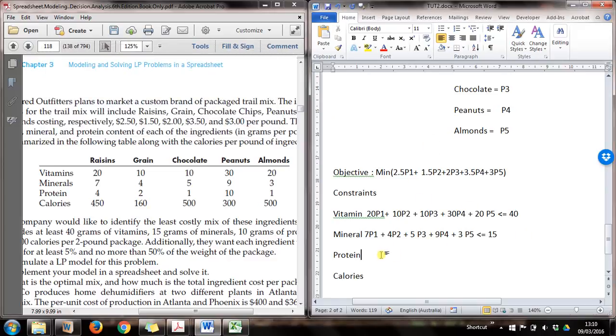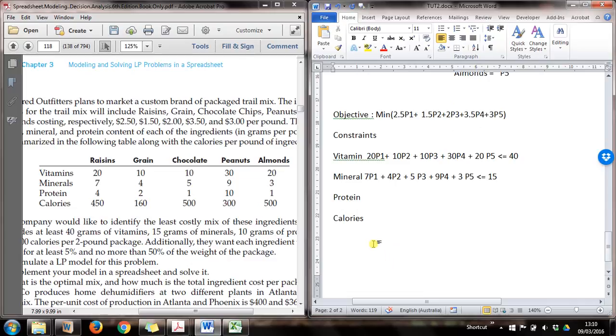So similarly you can fill in protein and calories. Apart from these four constraints, there is one more constraint: each of P1, P2, P3, P4, P5 needs to be no more than 50% of the weight of the package.